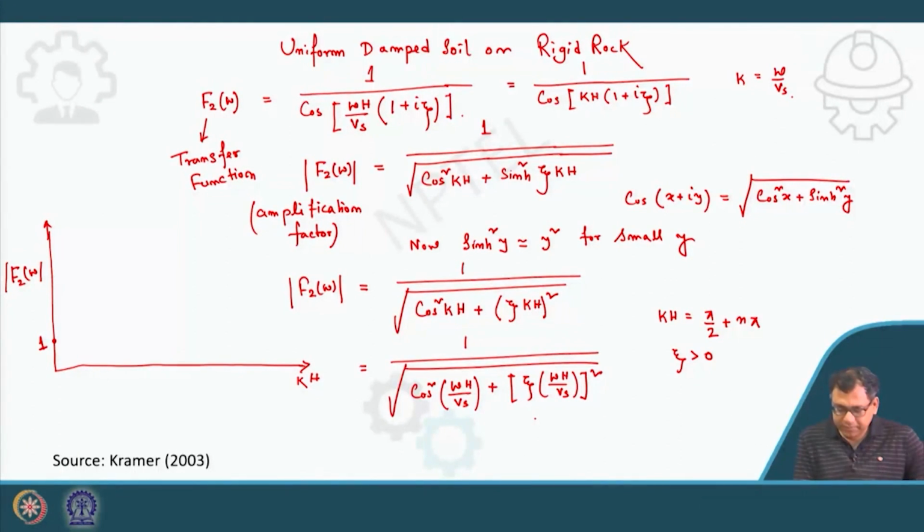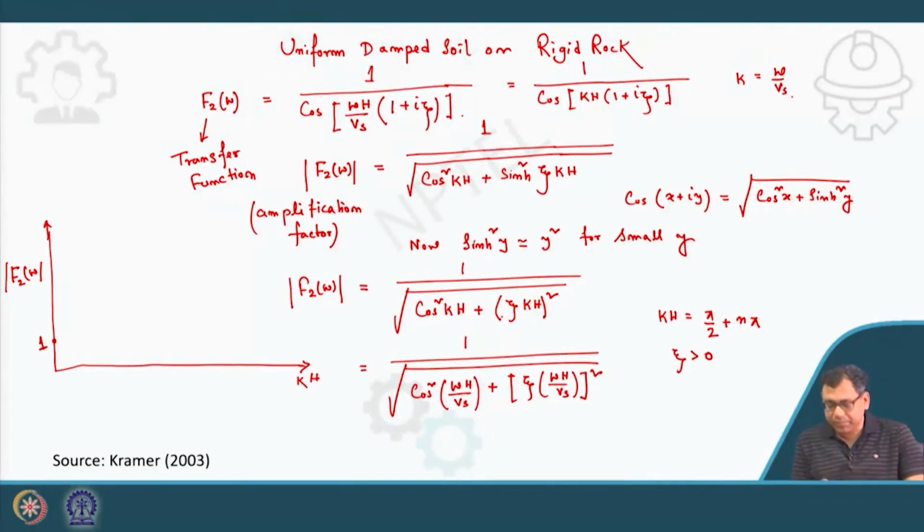So, ultimately this F2 omega value in mod will decrease, because as you increase the n value, this value will increase.